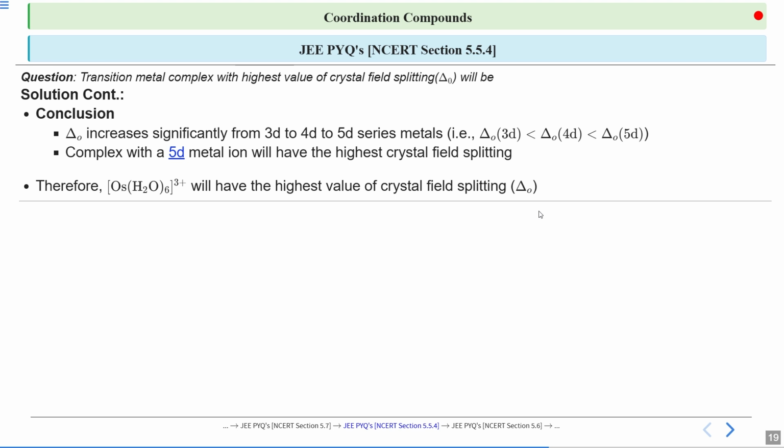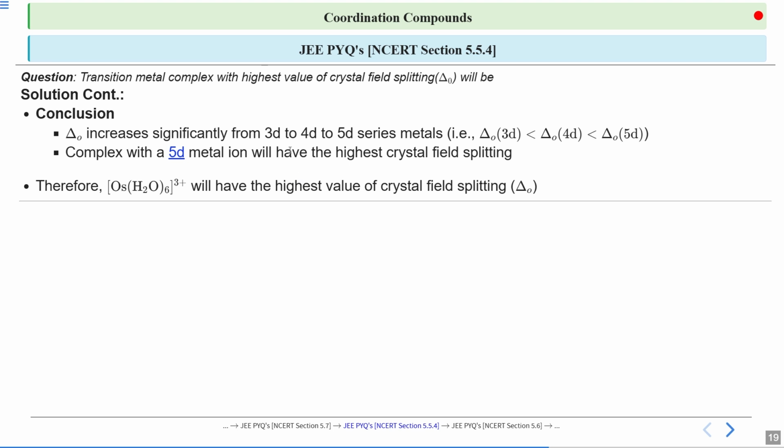So how do we solve this question? Basically we have to observe the factors that affect the value of CFSE for complexes in octahedral geometry. We have seen that the ligands are the same and the oxidation state of the metal ion is the same in all the complexes given.